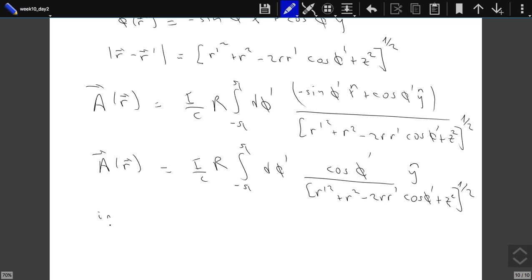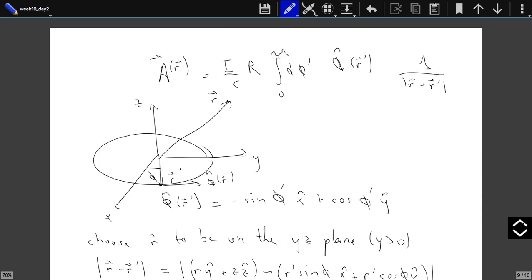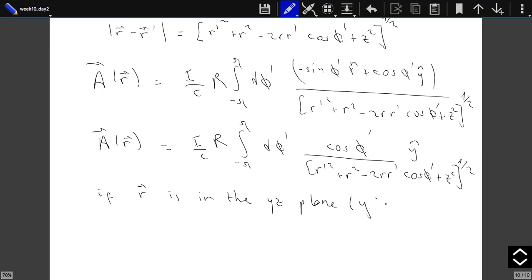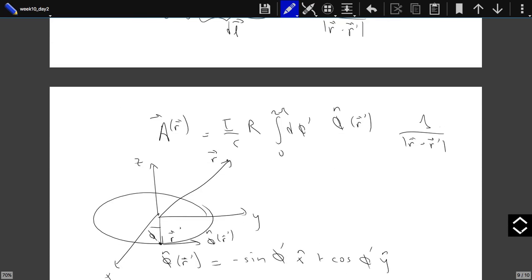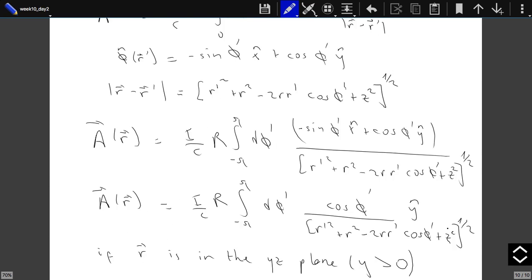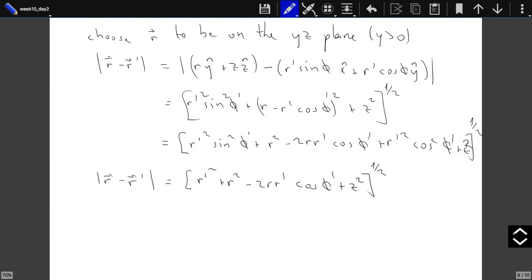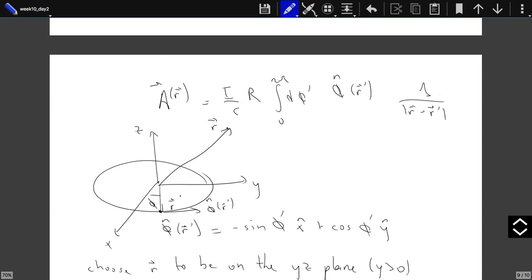This is true if r is in the yz plane, y larger than 0. So A only has this on the yz plane. Well, this basically tells me that on the yz plane, A is in the y hat direction. Did I make a sign mistake over here? No.